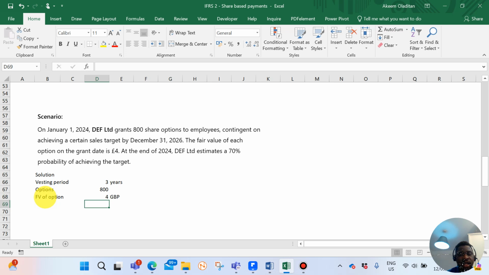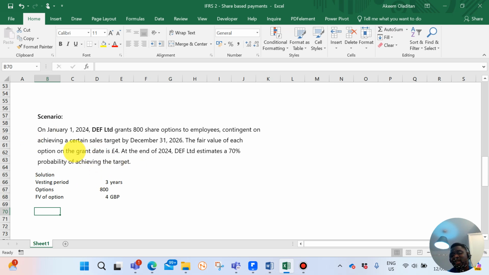At the end of 2024, DEF estimates, that is, by the time the company wants to recognize it in the books, that there is a 70% probability of achieving the target. Those employees who achieve that target, it is estimated that there is a 70% probability the target will be achieved.